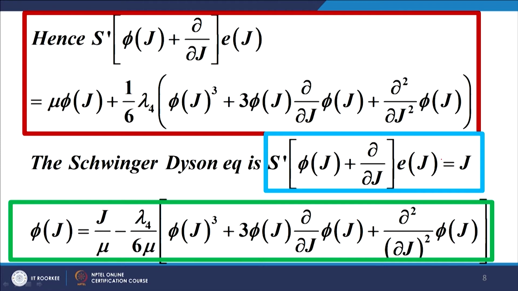So, we put the left hand side equal to j, and by transposition and simplification we get an expression for the field function as j upon mu minus lambda 4 upon 6 mu phi j cubed plus 3 phi j phi dash j plus phi double dash of j. So, this is now the Schwinger-Dyson equation for the field function for the phi 4 theory.